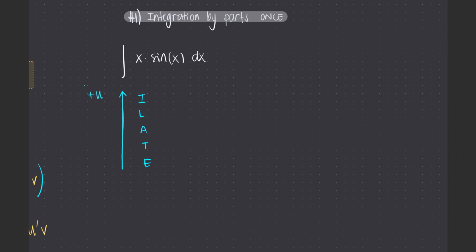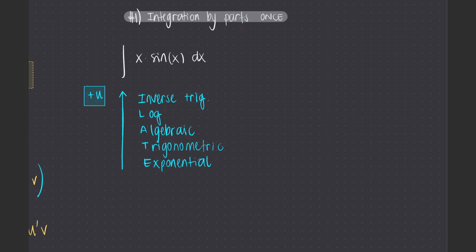So this is how we prioritize our choice for u. What do I mean by ILATE? Inverse trig functions, log functions, algebraic functions, trigonometric functions, and exponential functions as the last option. And here are some examples of each type of function.